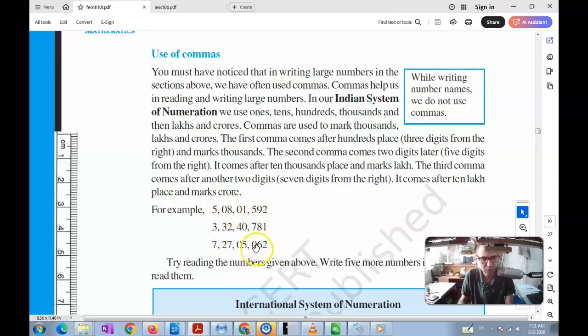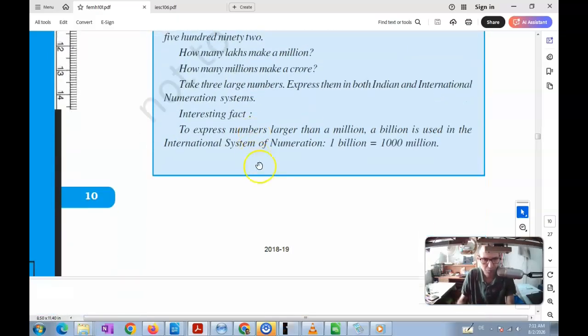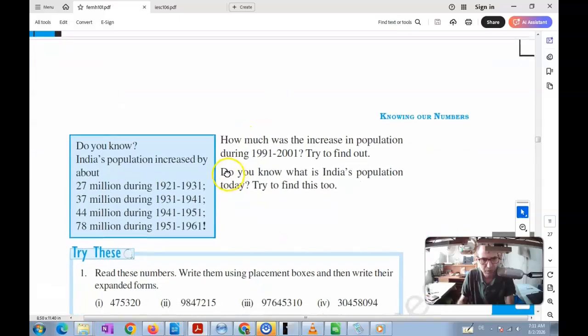That means that after the first 3 digits you have 1 comma, and then after this first comma you will keep adding commas every 2 digits. So 2 digits, 1 comma, 2 digits, 1 comma, again 2 digits, 1 comma, and then you just keep adding those commas basically, right?